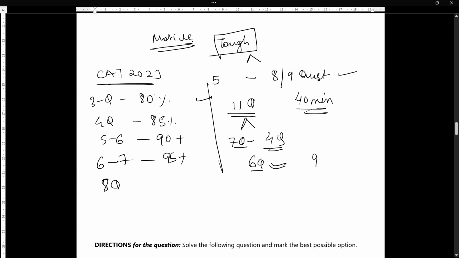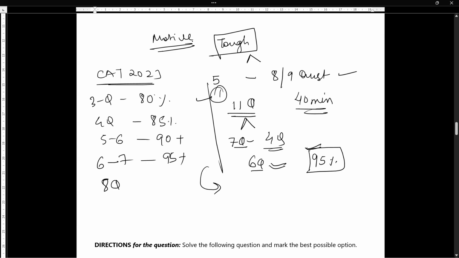I will then fall in a category of 95 percentile, right? So have this thing in mind that if I focus on set selection or question selection, that will majorly affect my percentile, even if I attempt more, and rather this was the first case.